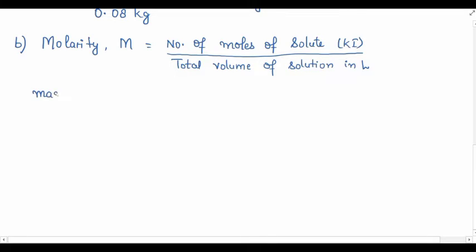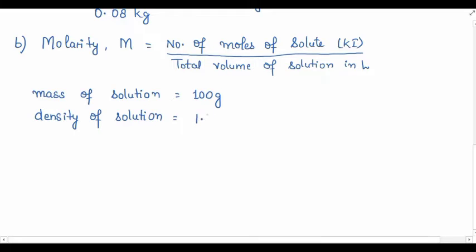So for the molarity, we find the volume of solution. The mass of solution is equal to 100 gram. The density is given. The density of solution is 1.202 gram per ml.